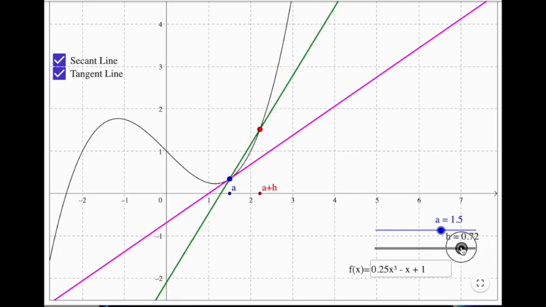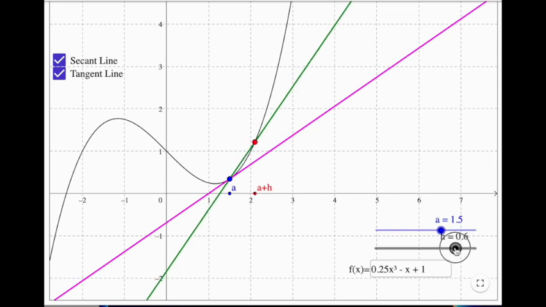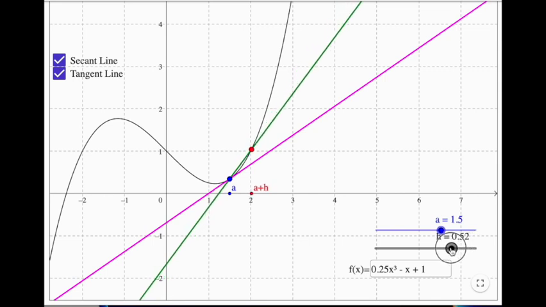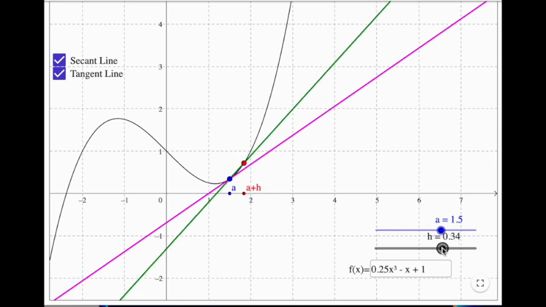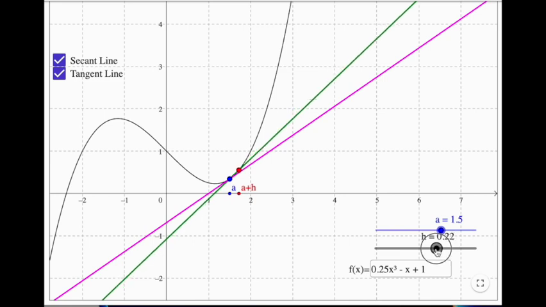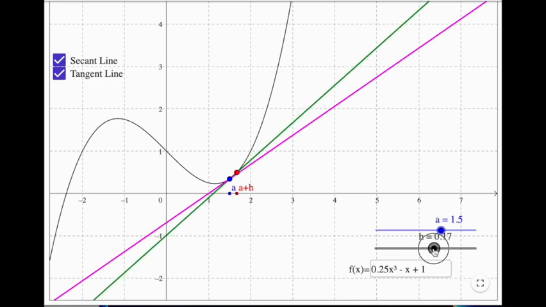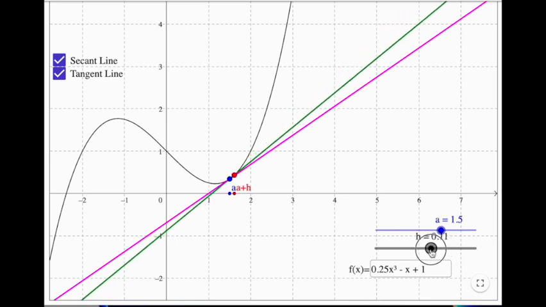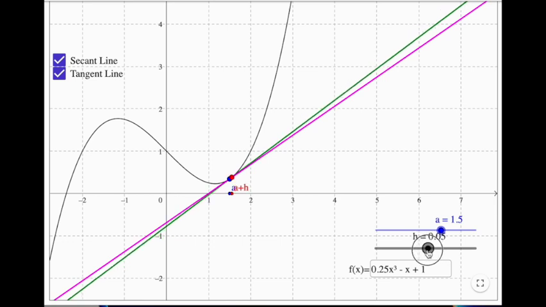As I slide the value of h, I'm taking the limit as h goes to 0, because you notice my h is getting smaller and smaller, and this distance between these 2 points, which is h, is getting smaller and smaller.